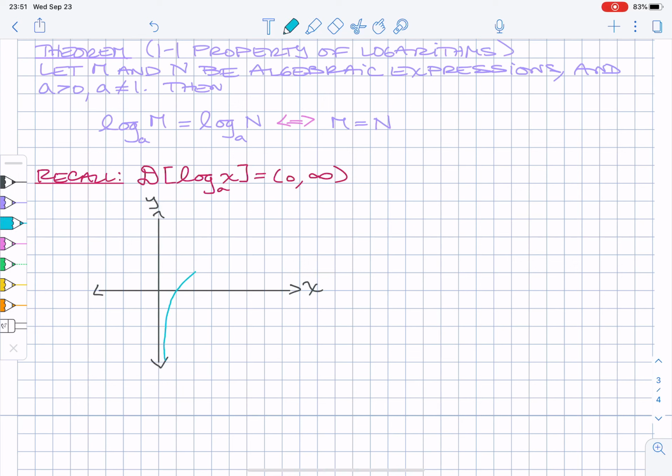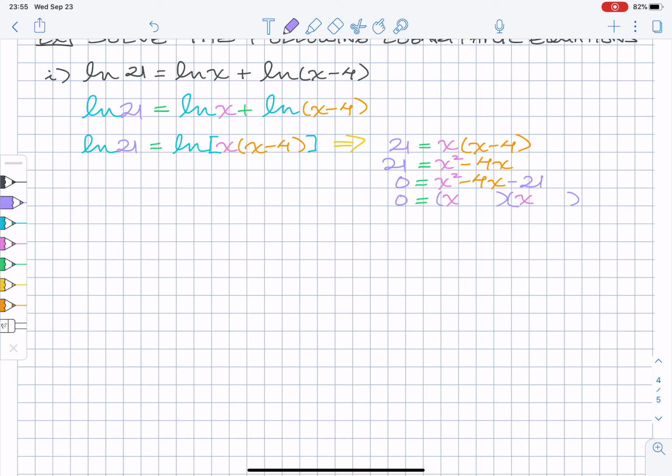Can I find two factors which have a product of negative 21 and a sum of negative 4? And maybe 7 and 3 would work. So let's do x minus 7 and x plus 3. That seems to work. So now I can use the zero factor property to state that x is either 7 or x is negative 3.